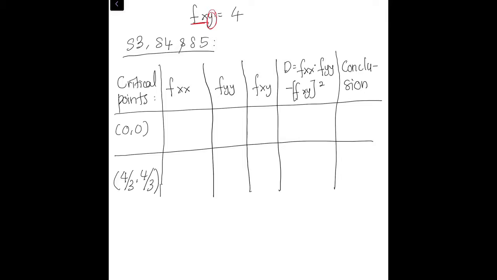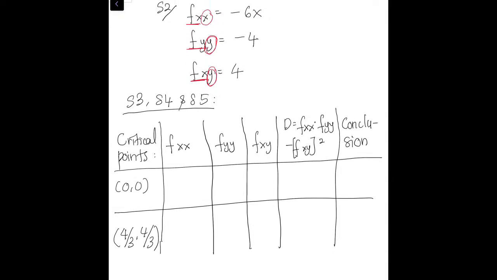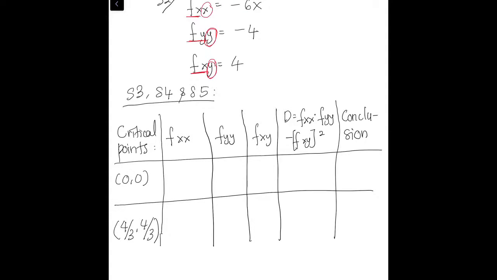It must have critical points, so put the two critical points, (0, 0) and (4/3, 4/3). Then you must have columns fxx, fyy, fxy. The next column is for the discriminant D. The formula for the discriminant is fxx times fyy minus fxy squared. And then you put the conclusion based on the second partial test from the previous page.